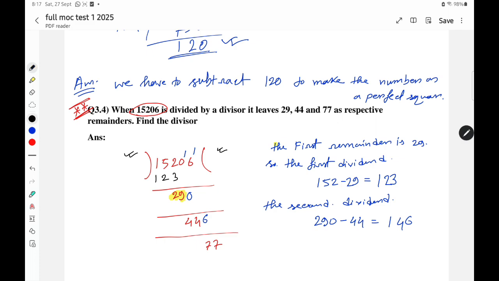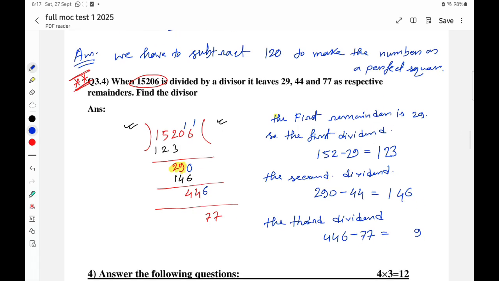So there 146, and from 146 I subtract this, and the third dividend 446 minus 77. আচ্ছা, এটা 2 হবে, এটা 2 কাট, 396. So I get 3 dividends.